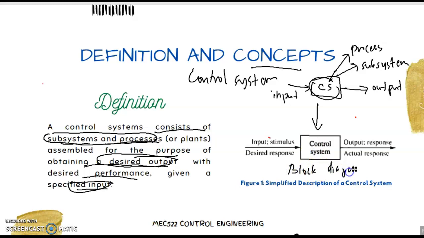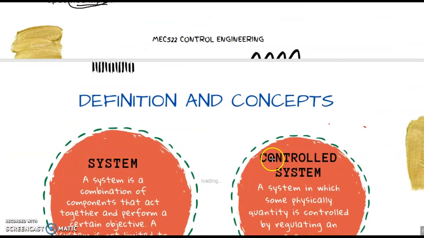For a control system, we call this a simple block diagram, in which we need to have input and then output. Sometimes we call them the desired response and the actual response: the desired response is the input and the actual response is the output. Can you see it? What is the best example of a control system? Later we will look at what systems we can see.